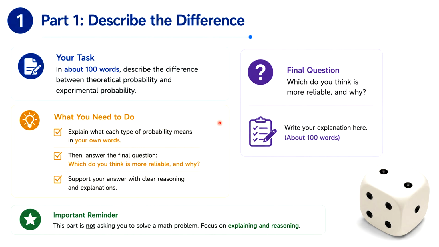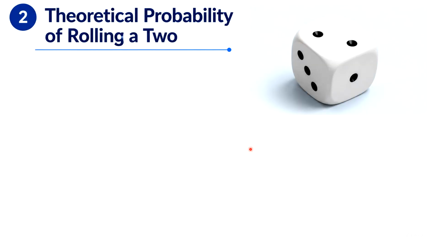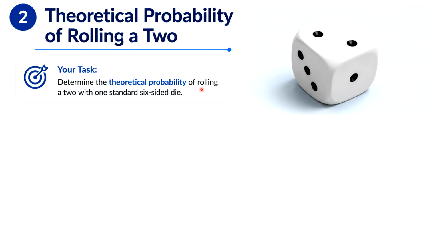The second part of the probability assignment is to determine the theoretical probability of rolling a 2 using one standard six-sided die. So remember to read the questions carefully.